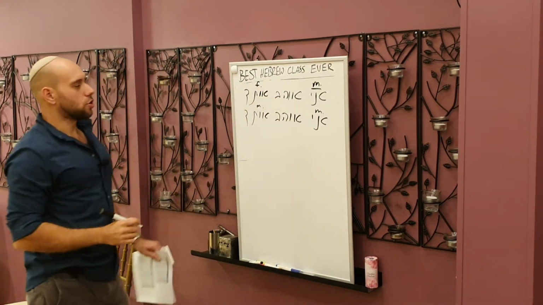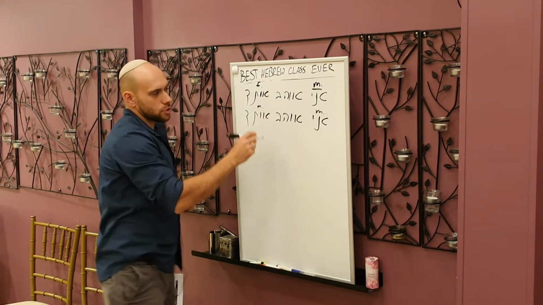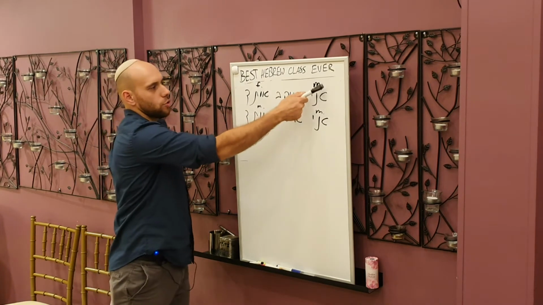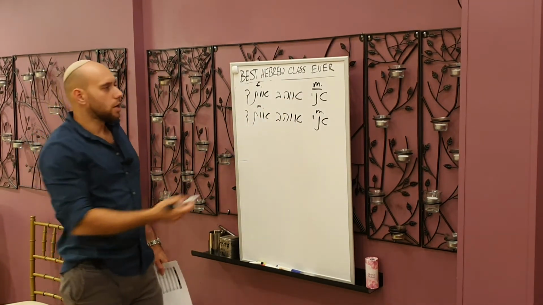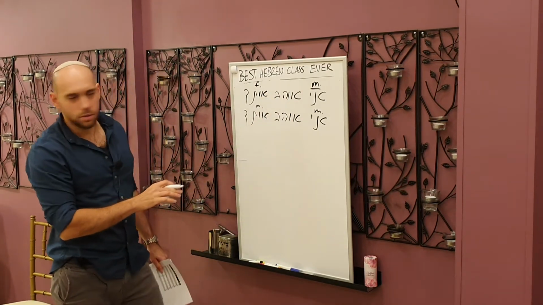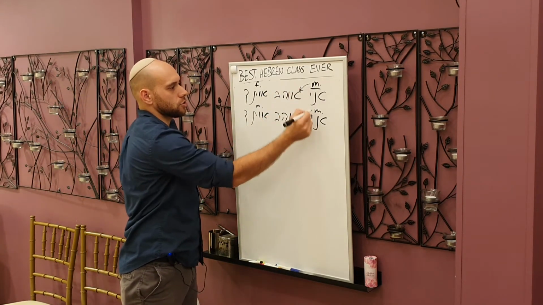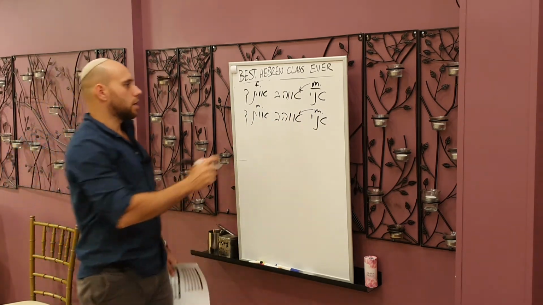All right. So how do we know this one is male? How do you know whether ani, the speaker, is male or female? Because you see that this is ohev, which is already male. This tells you that the speaker is masculine, right?